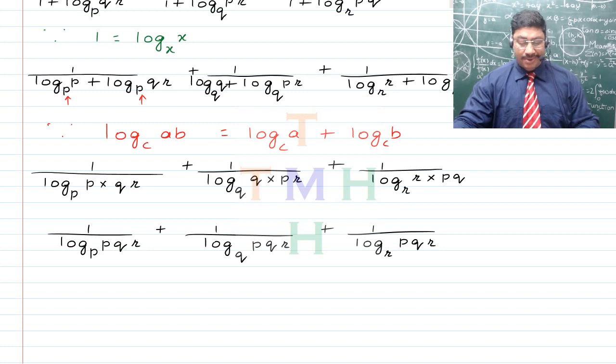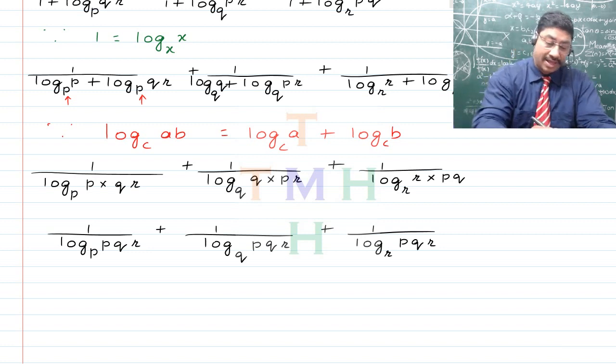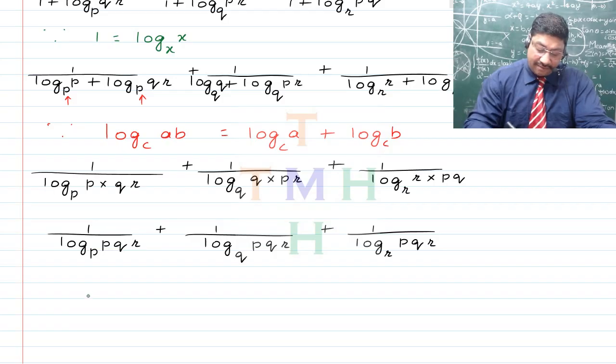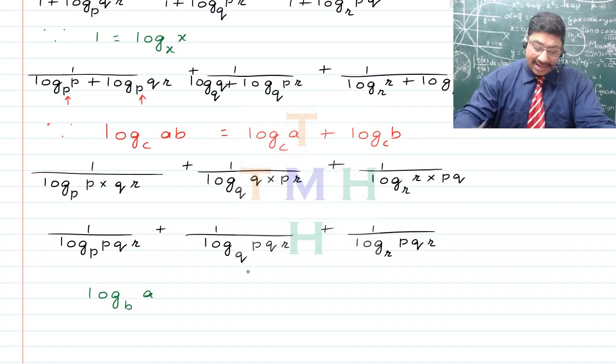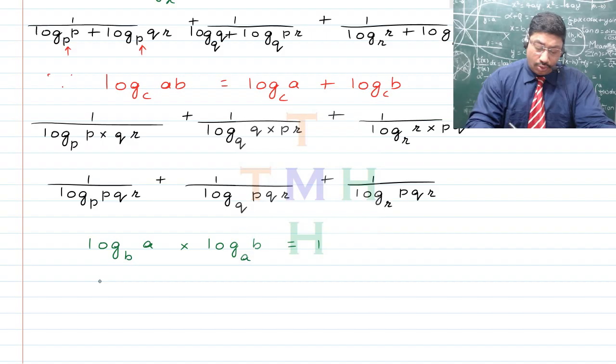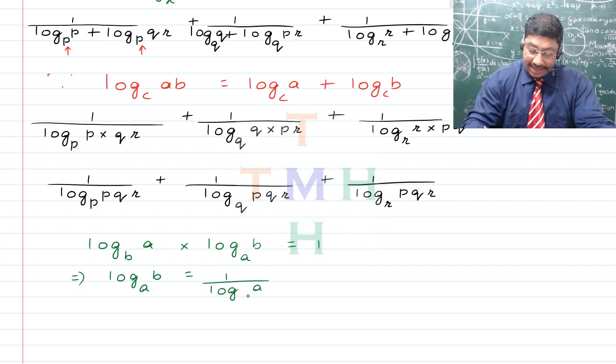Now children, I'll quickly tell you a rule which will help us out. If we talk about log of a to the base b, and we multiply it with log of b to the base a, then the product of both of these is equal to 1. In other words, log of b to the base a can be written as equal to 1 upon log of a to the base b.